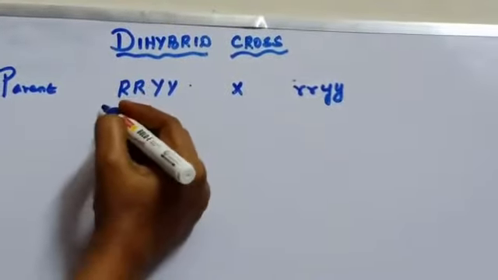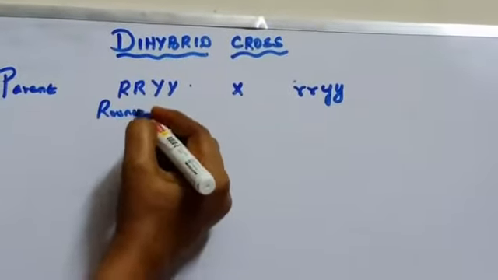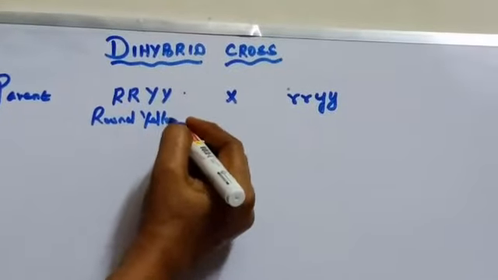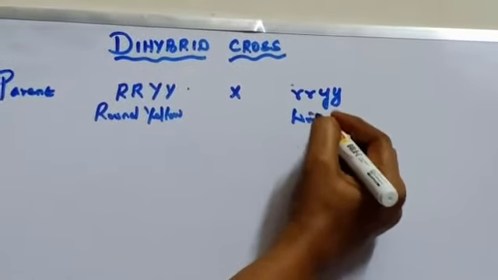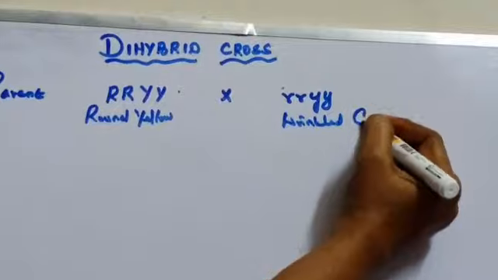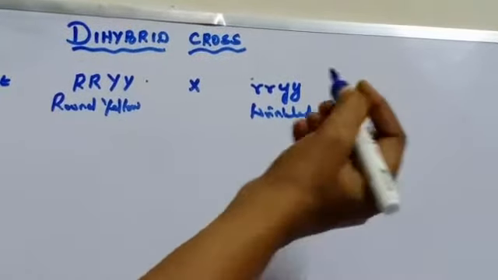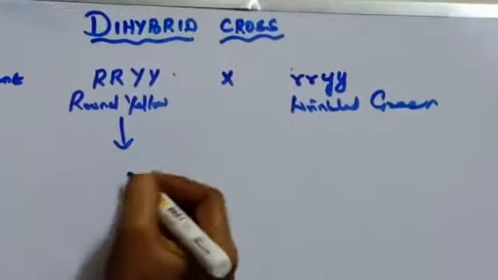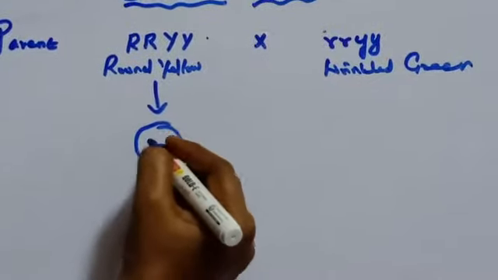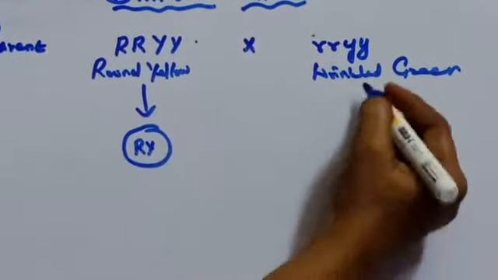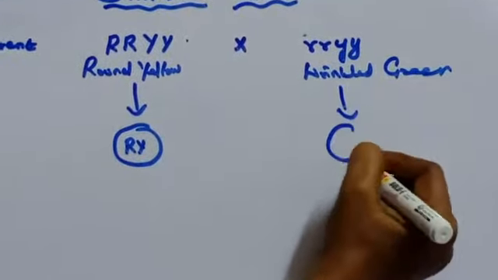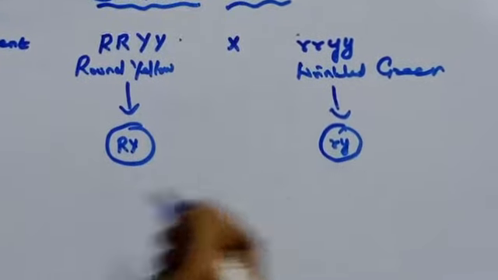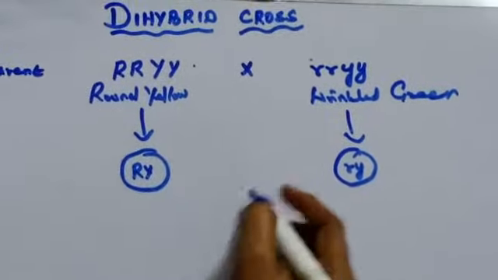So this parent is round yellow and wrinkled green. See the gamete, it is formed, and here the gamete is small r, small y.